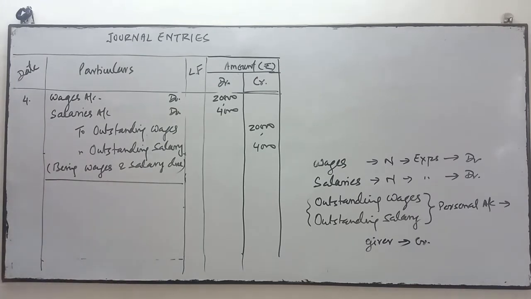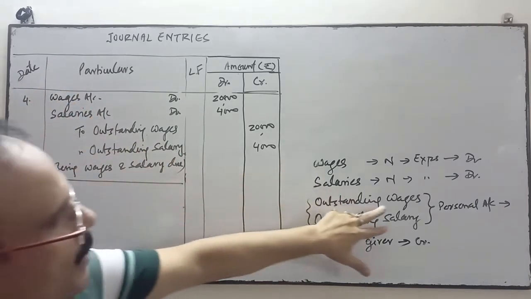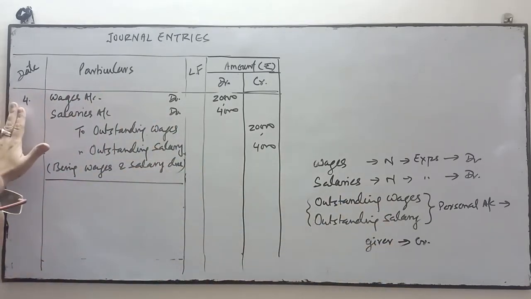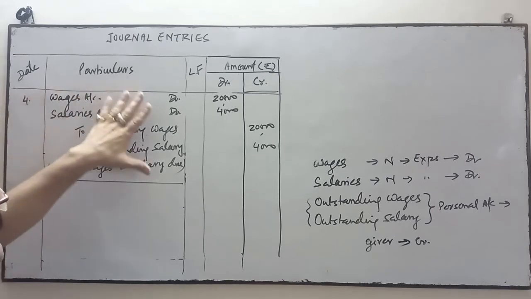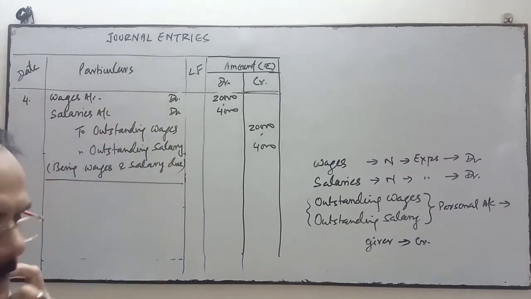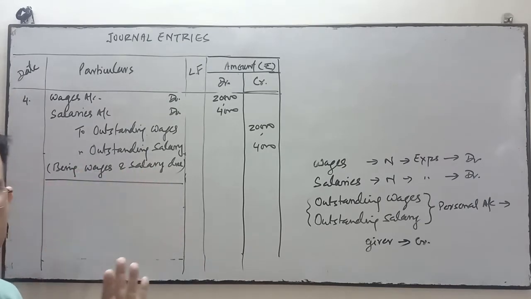Instead of doing two entries, we have done this in one. That is called a compound entry. These two are debited and these two are credited, and the date and order number are the same. That's why we do the compound entry, to save energy. And the narration will be combined: being wages and salary due.